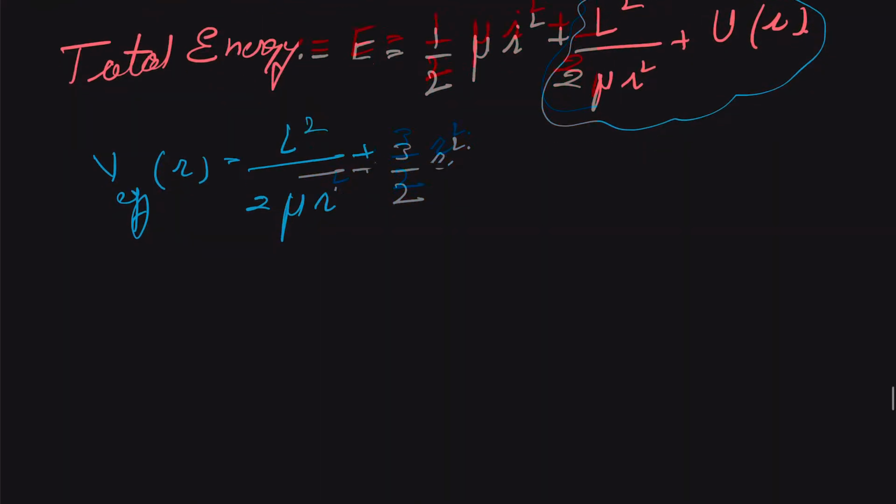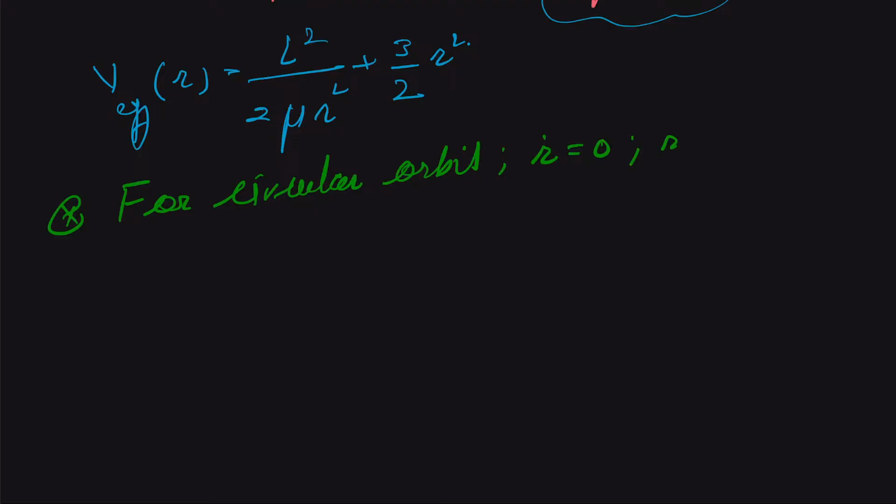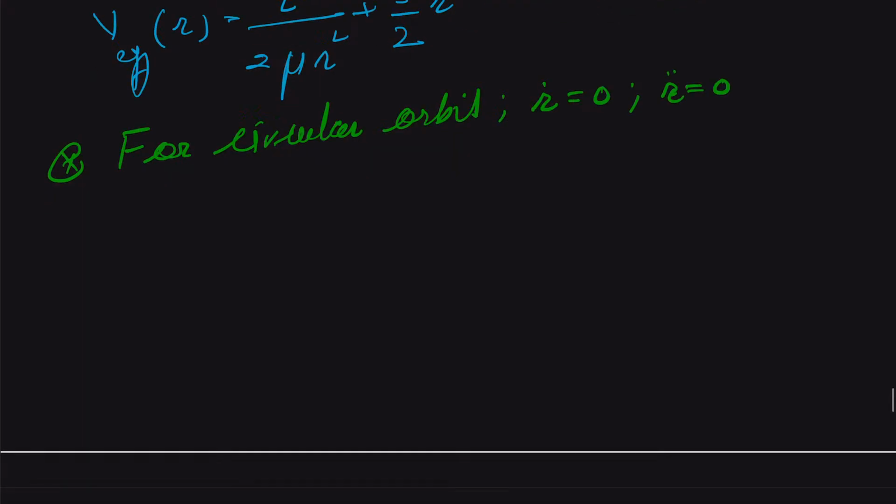And for circular orbit, we know that the first derivative with respect to radial distance will be equal to 0, as well as the second derivative will also be equal to 0.